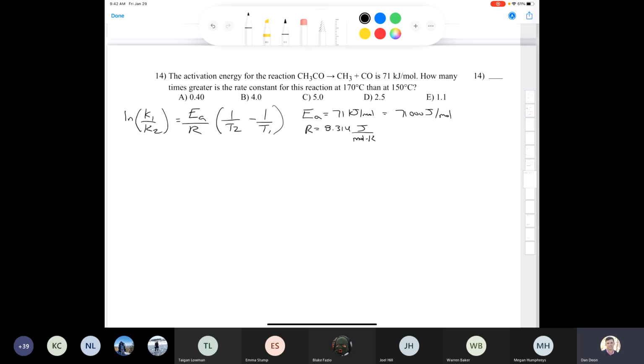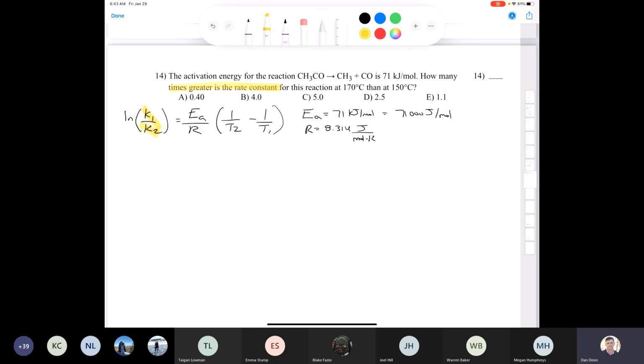Then we have our T1 and our T2. Now, since I'm going to determine the ratio of K1 to K2, right? Because we're asking for how many times greater is the rate constant, one over the other, right? So I want to calculate how much greater K1 is going to be than K2. Now, I know that K1 is going to be the higher K. That's the way I'm going to set it up.